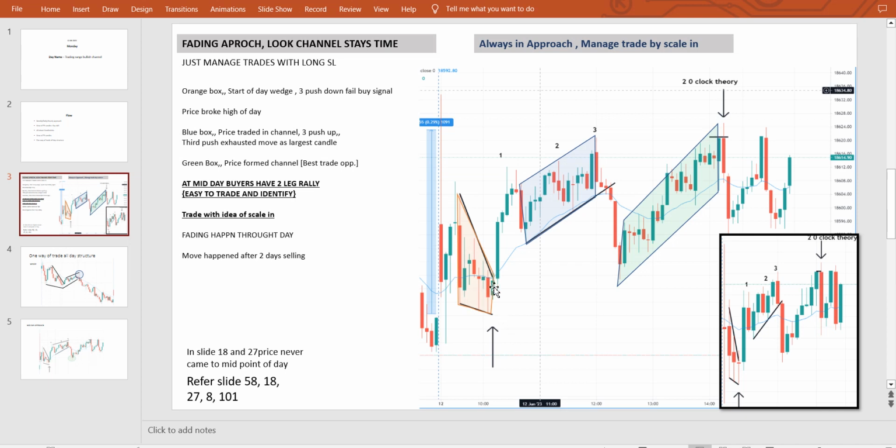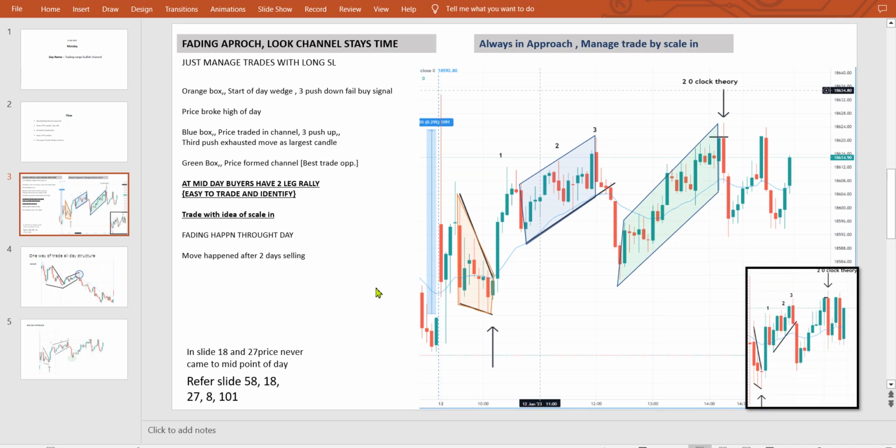How? This is the breakout of today's low, so it was faded by buyers. Now this is a buyers' breakout mode, so it was faded by sellers. If price stayed here and broke down this candle, chances are price reaches near the low of the day, and again buyers will come and fade it, and price will go to the midpoint of the day.